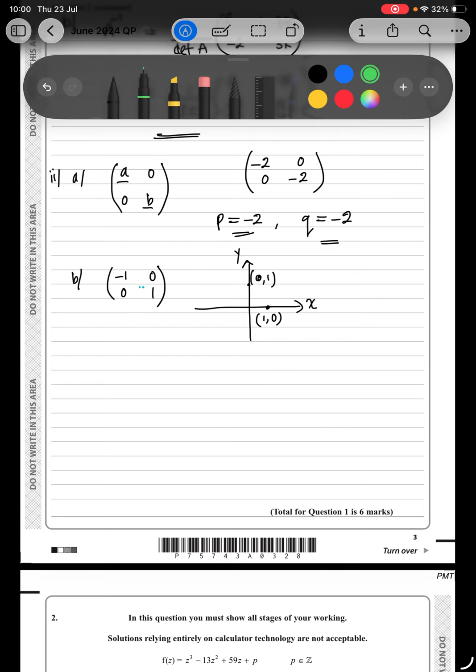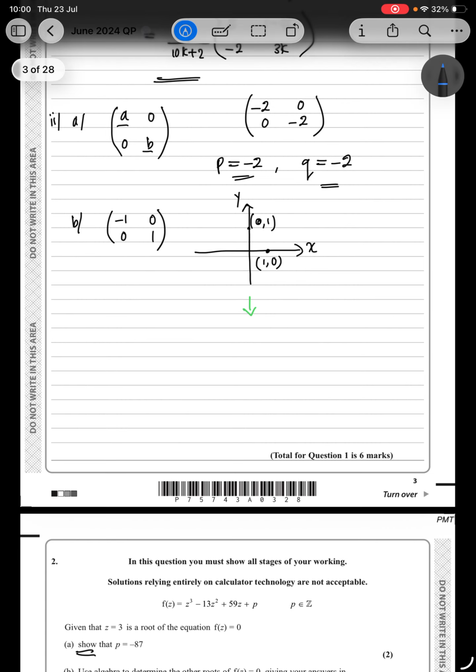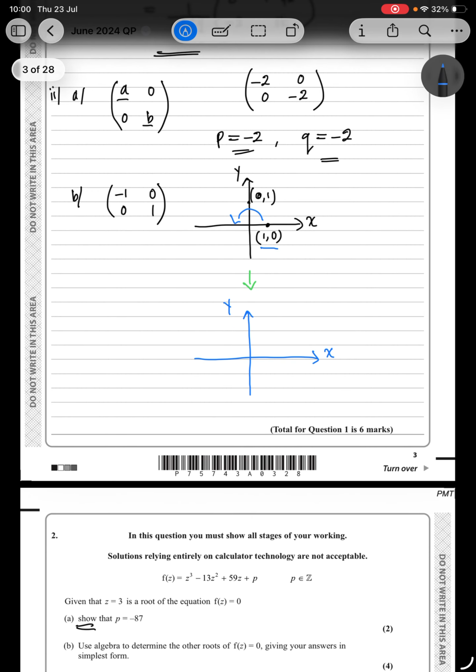So after the reflection in the y-axis, if we visually have to represent this, the 1, 0 is going to reflect onto the other side, to the negative x-axis, which will become -1, 0.